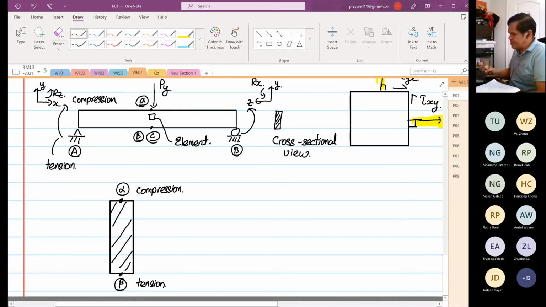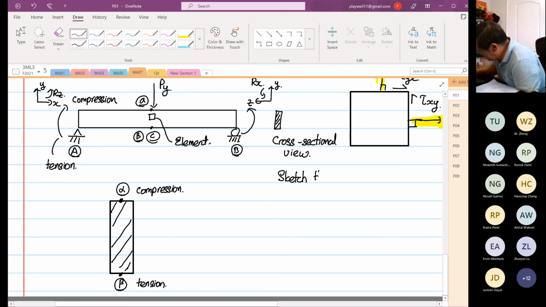The next thing that we're going to do is sketch the stress distribution in the X direction. Stress X direction.